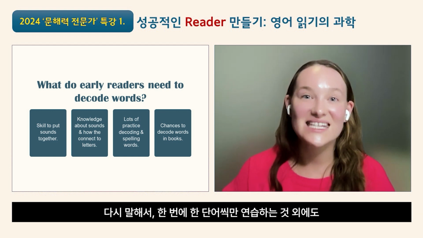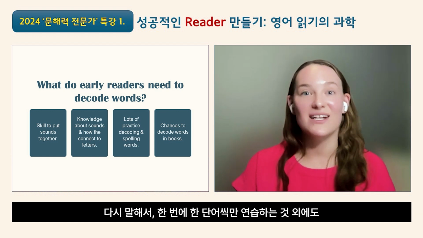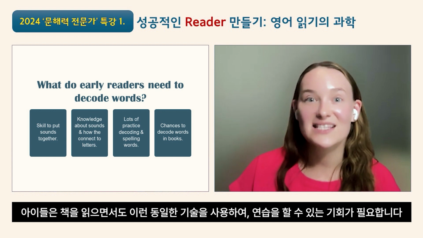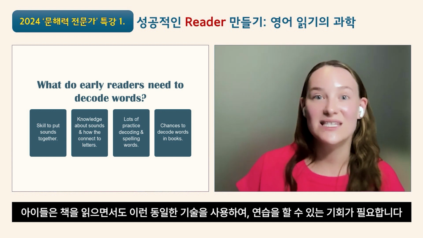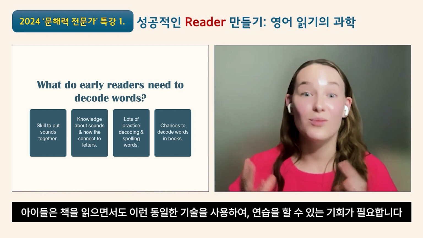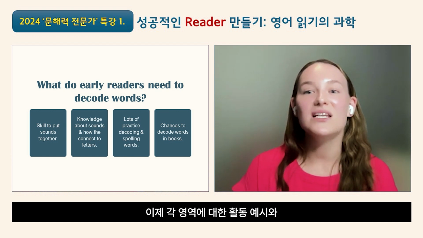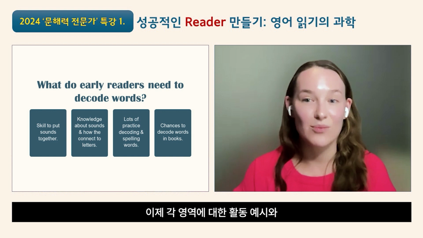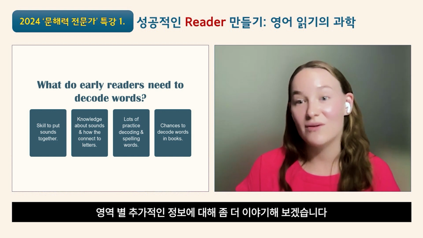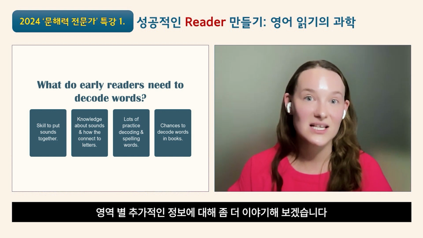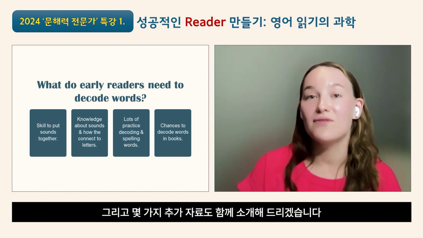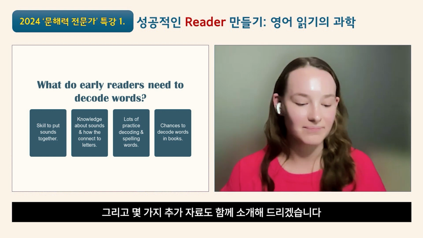In other words, in addition to practice with just one word at a time, children need the chance to practice using these same skills inside a full book. We're going to talk about an activity example and a little bit of additional information about each of these areas. I will also point you to a few extra resources.